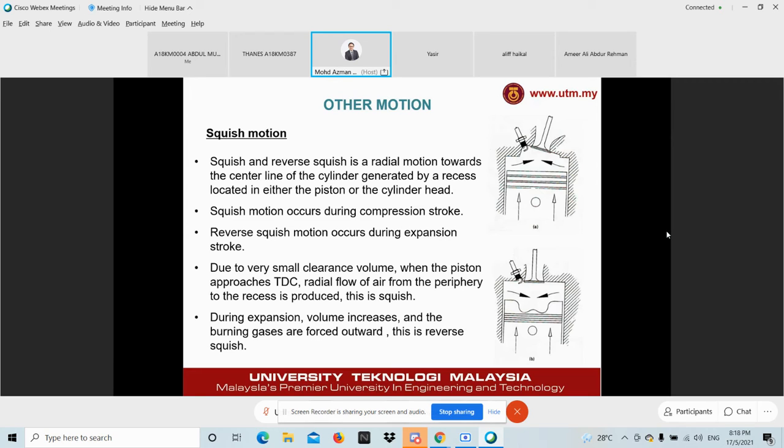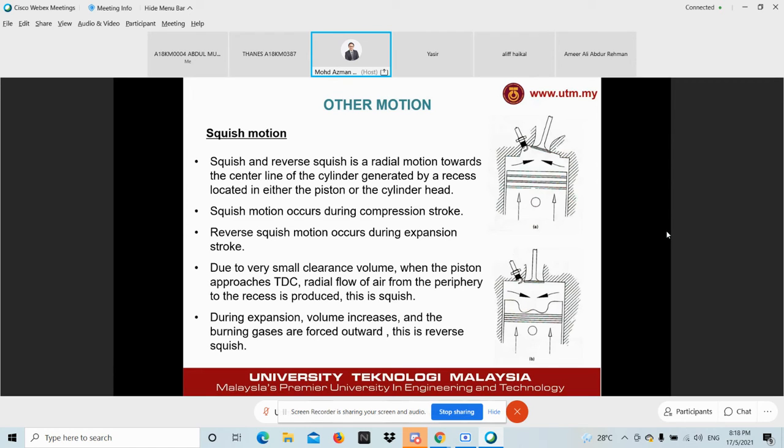This can only be done by having a special, dedicated piston, usually with a bowl in the middle of the top surface.